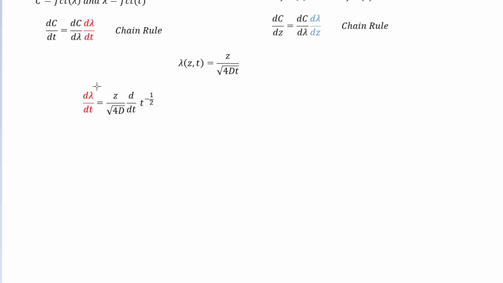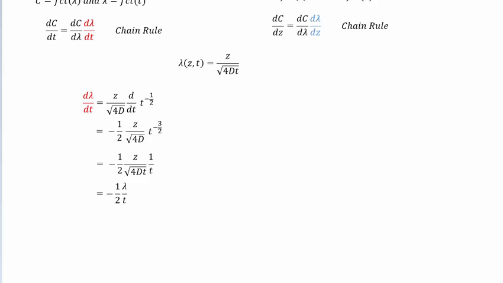Remember, if you're taking a partial derivative with respect to t, z is going to be a constant, so I pulled all the constants out of this derivative operator, and the only thing we're going to be taking the derivative of is t to the negative 1/2, which is something that you should be pretty good at taking the derivative of. So that's going to be negative half t to the negative 3/2. You can now put a square root of t down in the denominator and leave one remaining 1 over t out here, and you'll see that we could again group this back together to be lambda, so we're going to get negative half lambda over t.